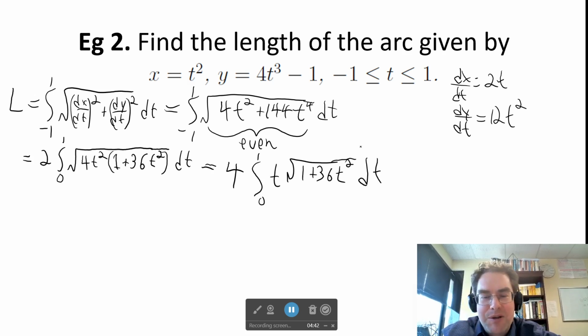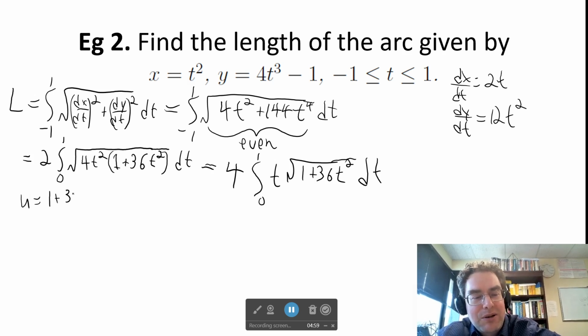So a square root with a bunch of stuff inside. Ordinarily, that could pose some difficulties for integrating. But here, that t that ended up outside turns out to be just what the doctor ordered, because now we can do a substitution. We could set u to be what's inside the square root, which is 1 plus 36t squared. du is going to be 72t dt.